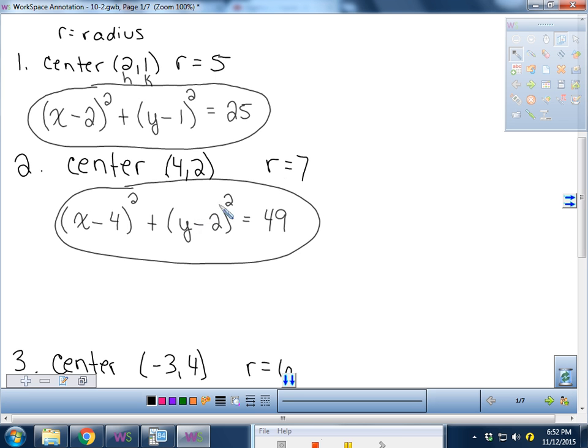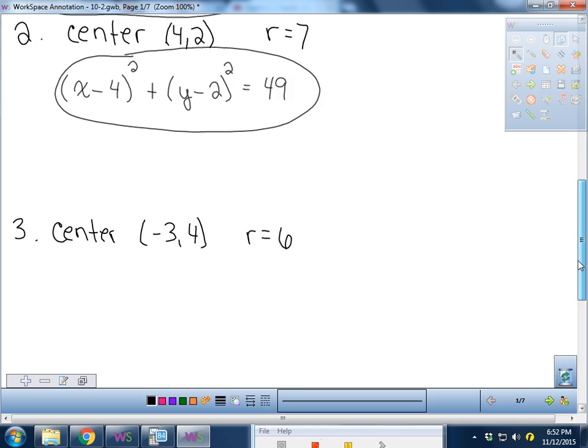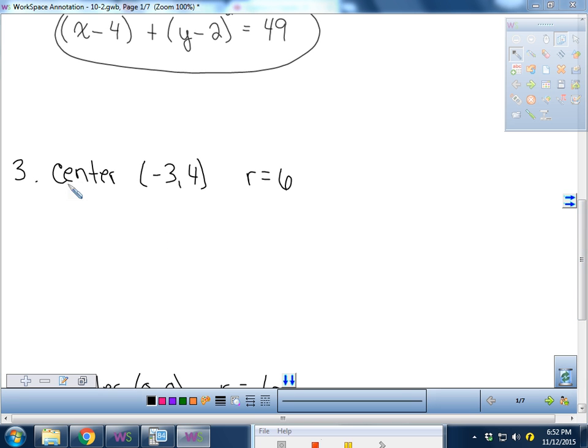All right? Do a couple more. Center is at -3, 4. Radius is 6. I have everything I need to write the equation of my circle. So I say x minus, and then I plug in -3, squared, plus y minus, plug in my k, 4 squared equals r squared. 6 squared is 36.